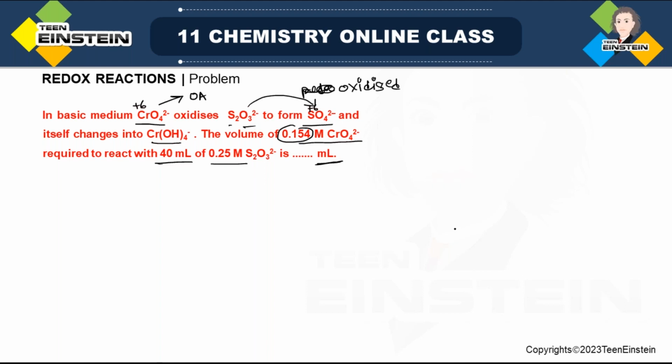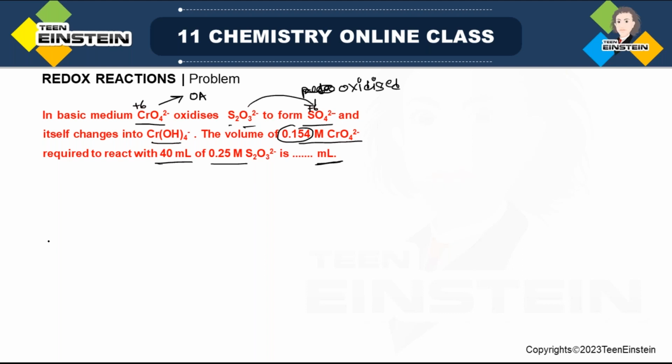So if you know how many moles of CrO4 2- is reacting with how many moles of S2O3 2-, then only you will be able to do the final calculation. And how will you know that? You just need to know the balanced equation. Then only you will understand how many moles of CrO4 2- is reacting with the thiosulfate ion.